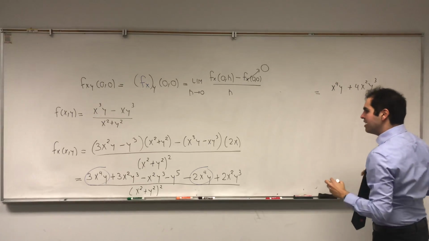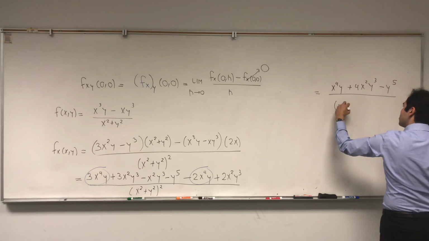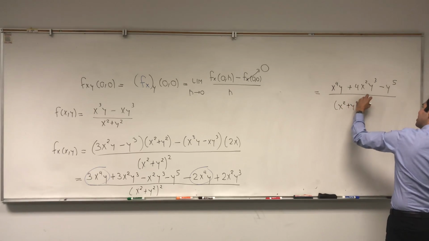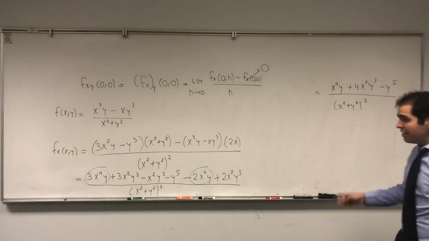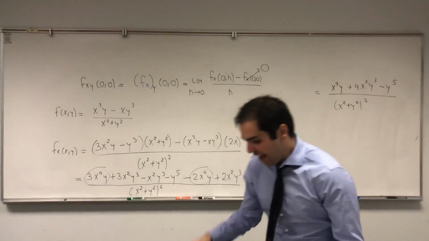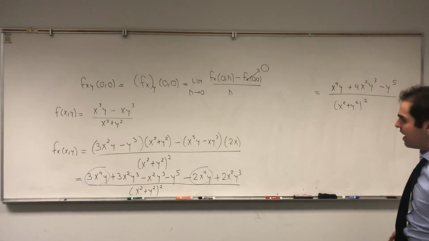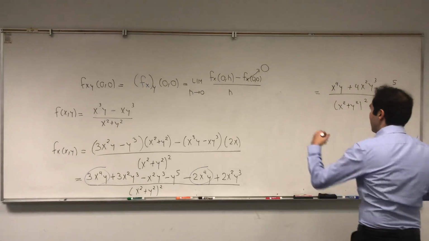And lastly, minus y to the 5th, over (x squared plus y squared) squared. Okay, very good. So that is f_xy. And now, let me just double check. Yes, that looks correct.